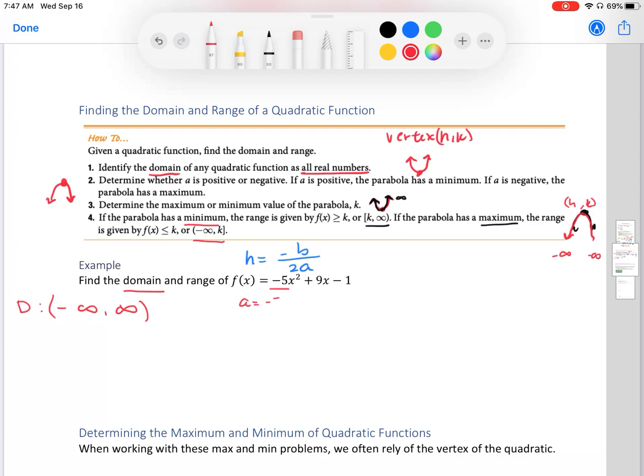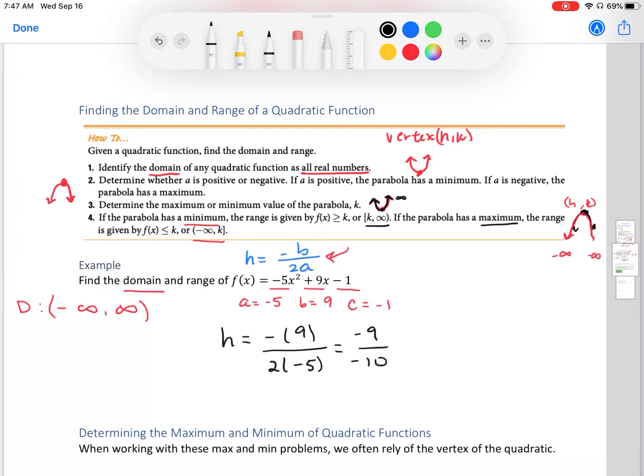My a would be negative 5. My b would be positive 9, and my c would be negative 1. So let's input them into our value for h. So we have h is equal to negative b, which is 9, divided by 2 times a, 2 times negative 5. So we're given negative 9 divided by negative 10.